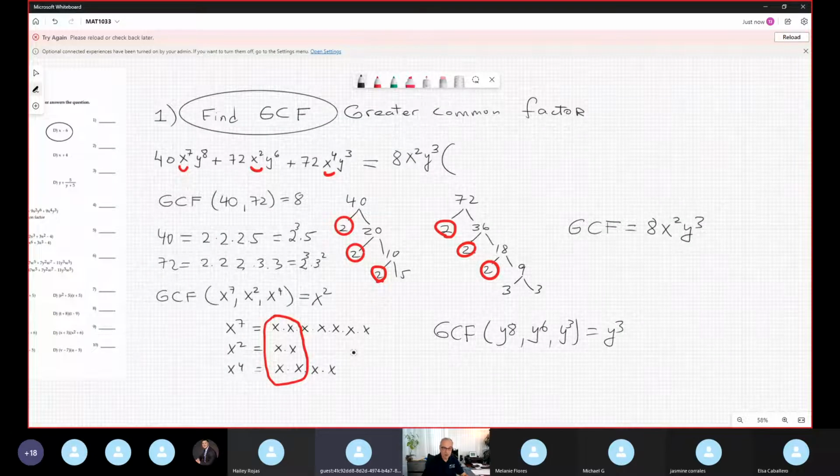Pero slow down. I am doing step by step, not too fast. For example, I go to the first guy, 40. You factor out 8. That means that these two go outside the expression and stay only 5.